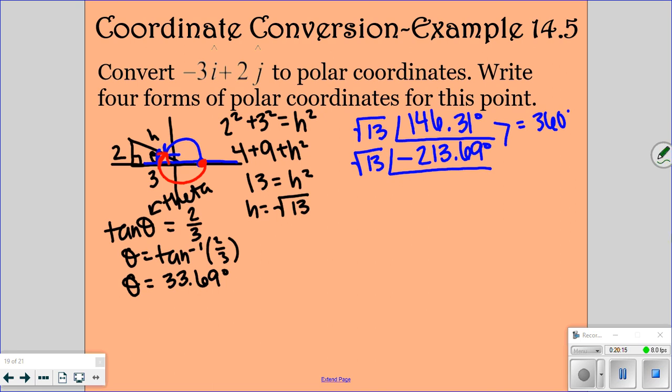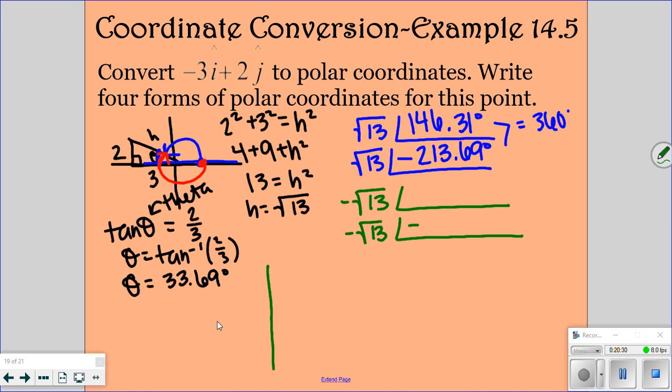Okay? The other way that you can do it is to have a negative square root of 13. And so you're going to have one that has a positive angle and one that has a negative angle. So if we're dealing with the negative square root of 13, we were over here in the second quadrant, so we're going to push it through over to here. So this would be the negative square root of 13. If this is theta, this angle here is still theta.